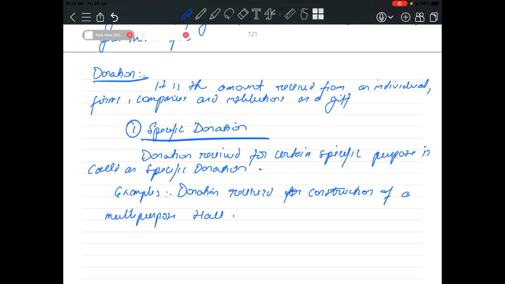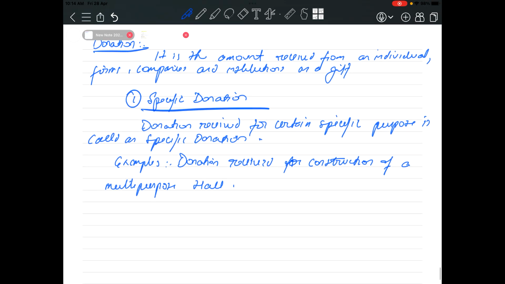Say you got a donation of 10 lakh rupees for constructing a multipurpose hall. Can you use this amount for other purposes, like giving salaries or entertaining your employees and members? No, you cannot use the donation. This donation is for a specific purpose, which is construction of the multipurpose hall. If you use it for any other purpose, there will be a violation of specific donation.